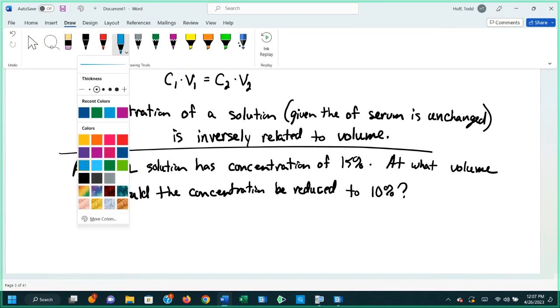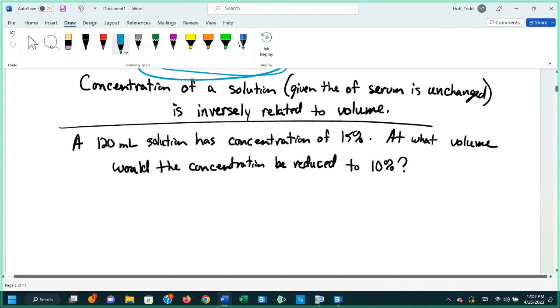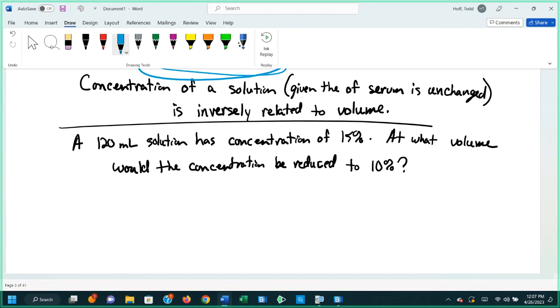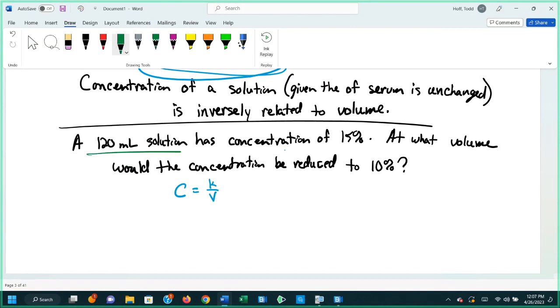So let's say we don't remember this formula up here, C1V1 equals C2V2. But we do know that the two quantities are inversely related. The more water you add, the lower the concentration is. So we know that the concentration is a constant divided by the volume. Now we have that known condition, 120 milliliters and 15%.